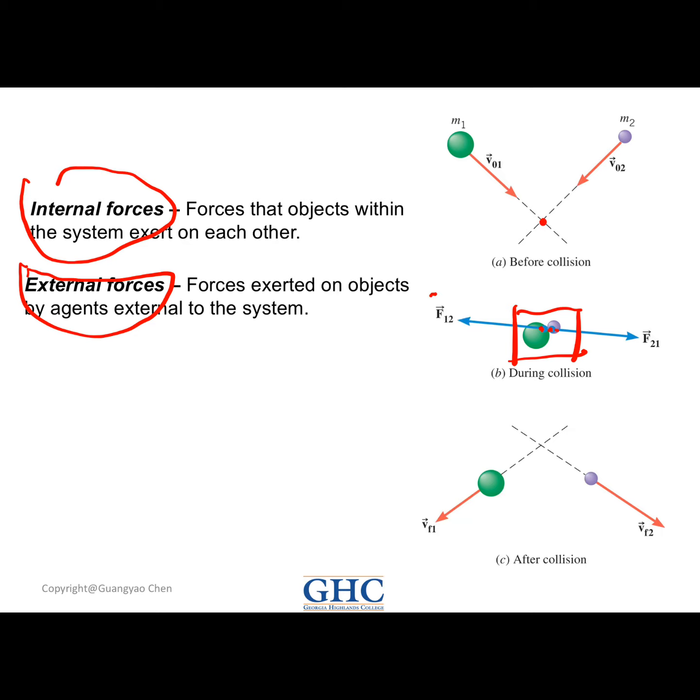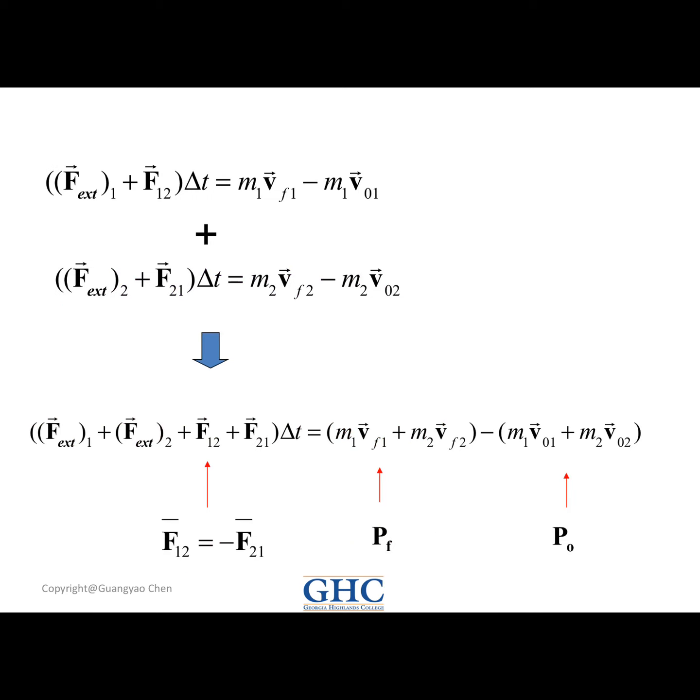So F12 and F21 should have equal magnitude and opposite direction from Newton's third law. So if they are equal magnitude and opposite direction, these two terms should sum up to 0.